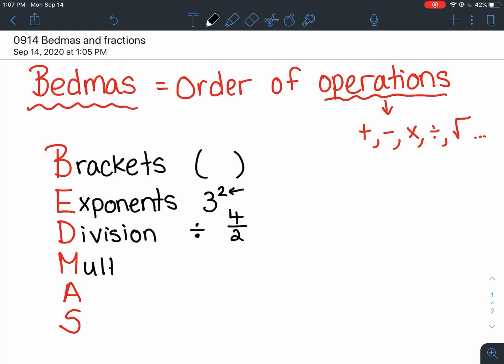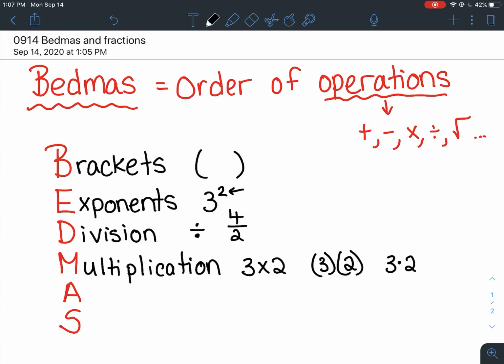The M stands for multiplication, which is like 3 times 2, or sometimes people use brackets to indicate multiplication, 3(2), or sometimes people use a little dot, 3 times 2. So those all mean multiplication.